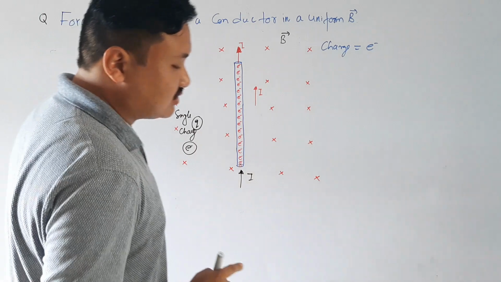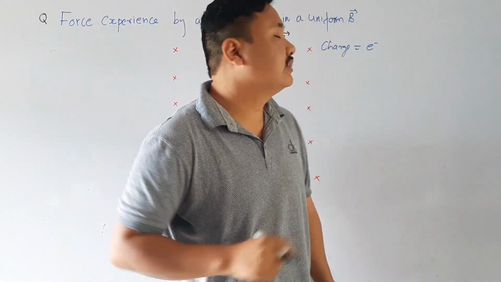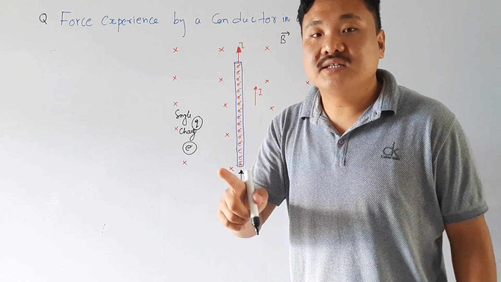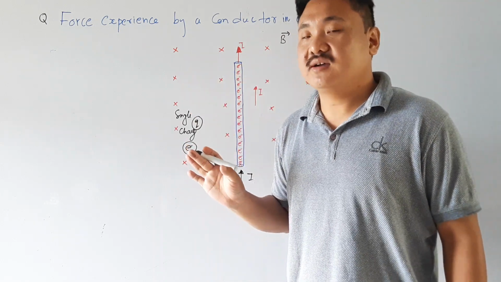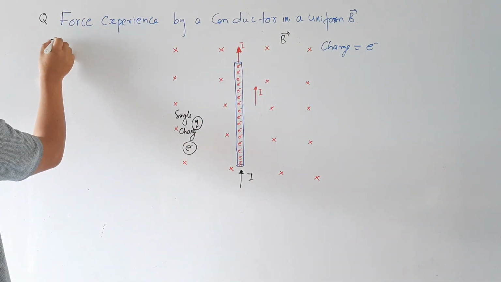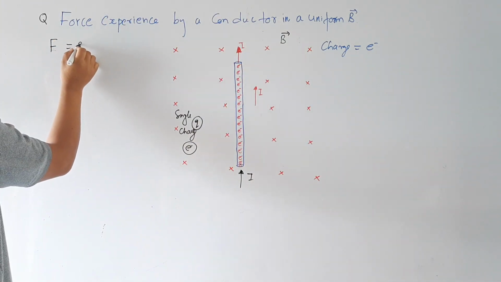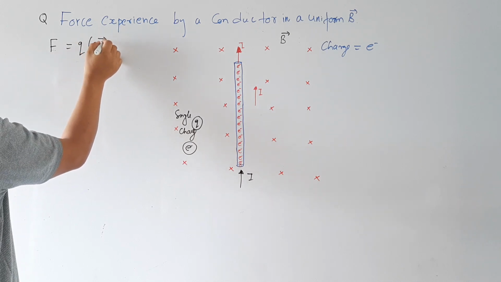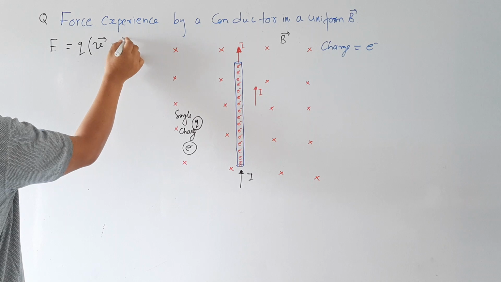So this charge will experience a force in a uniform magnetic field, and that force is the Lorentz magnetic force. How much is the force? The force is equal to Q, that is the charge, and V vector cross B vector.